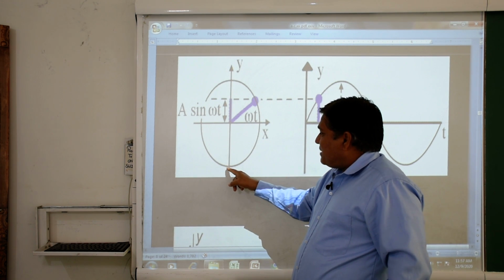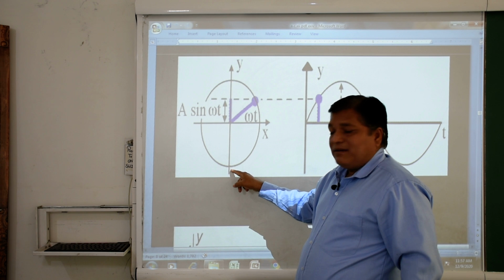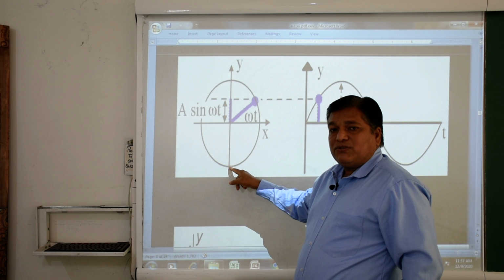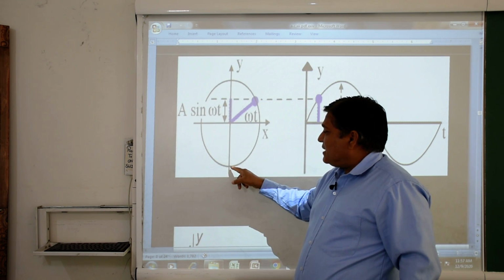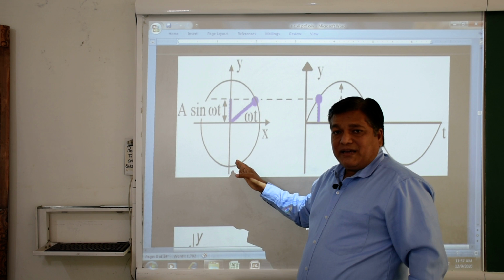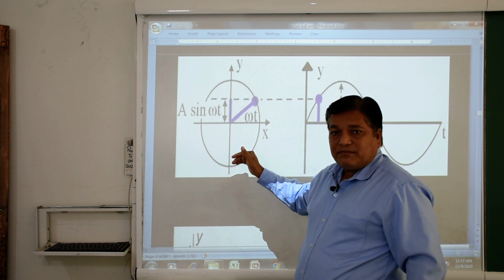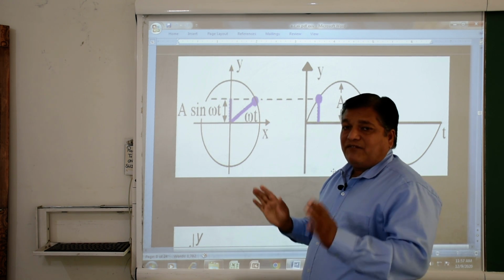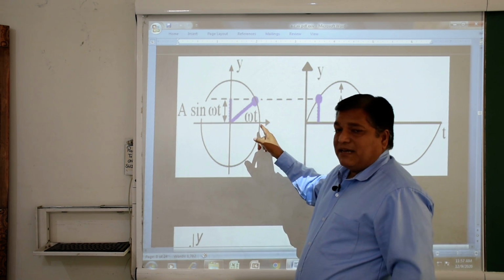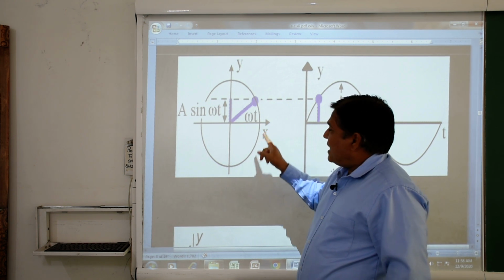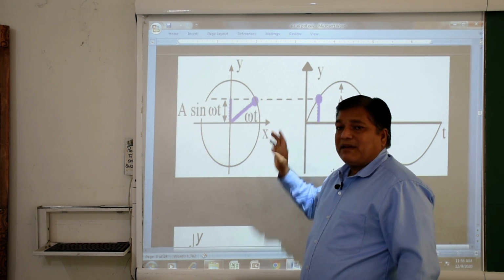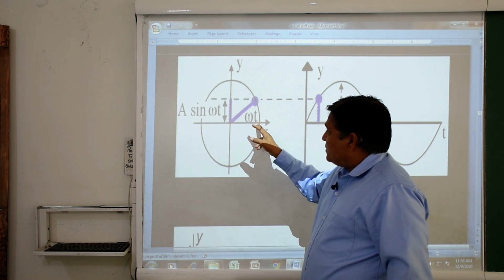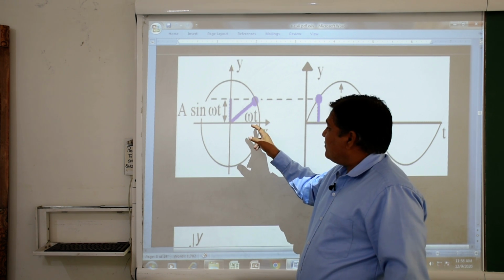Again, when it reaches 270 degrees phase, that is 3 pi by 2, we get minus E naught, the maximum value of EMF but in the opposite direction. And when it reaches this position, the total phase made by the EMF will be 360 degrees, that is 2 pi, and the time taken will become capital T, that is considered to be the time period. At this position again its value becomes 0.